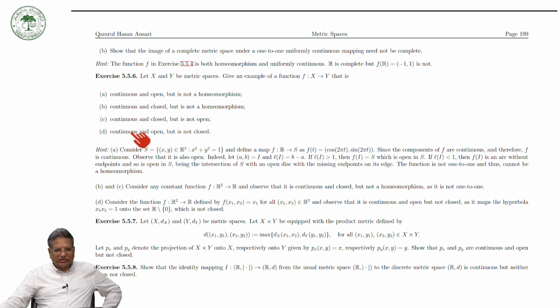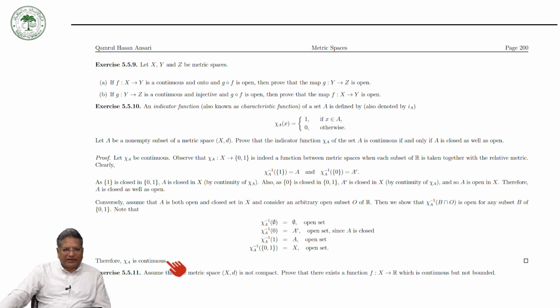Similarly show that the identity map from the usual metric space R to the discrete metric space is continuous but neither open nor closed.